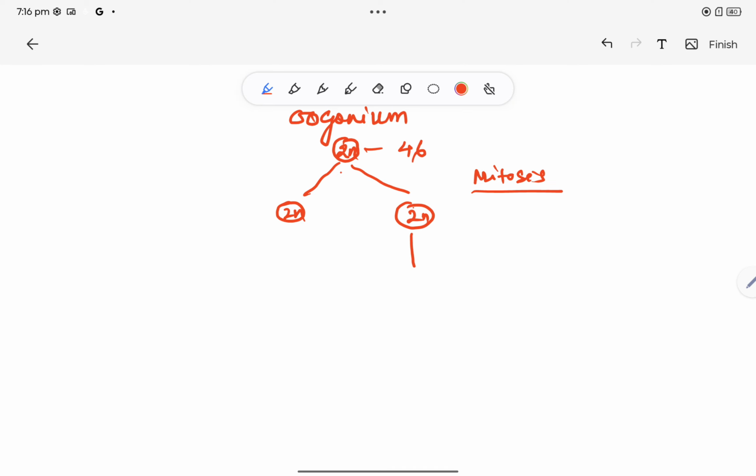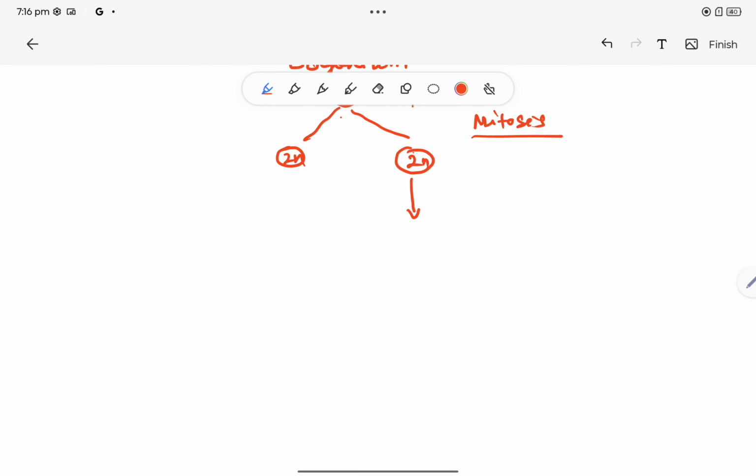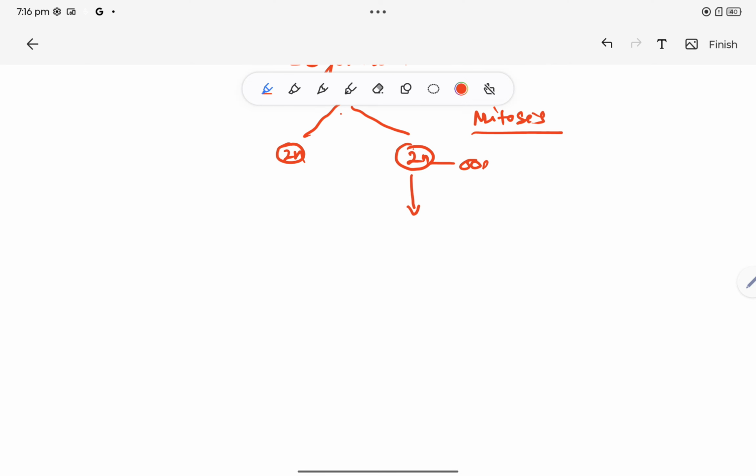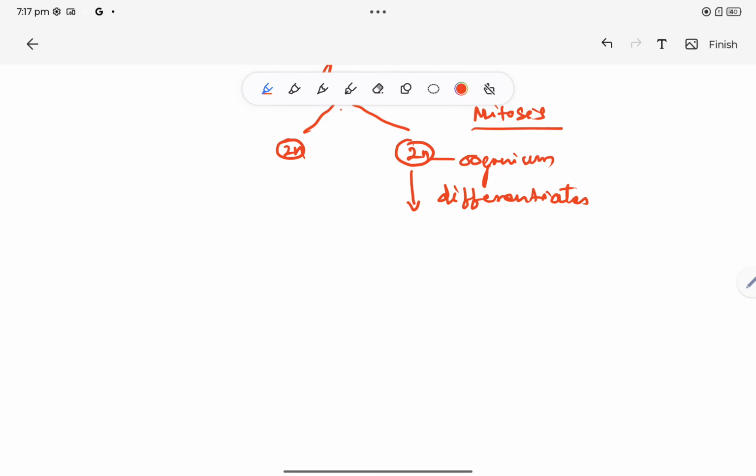Here I am showing only one oogonial cell. This is oogonium. Now this oogonium undergoes differentiation to form the primary oocyte.